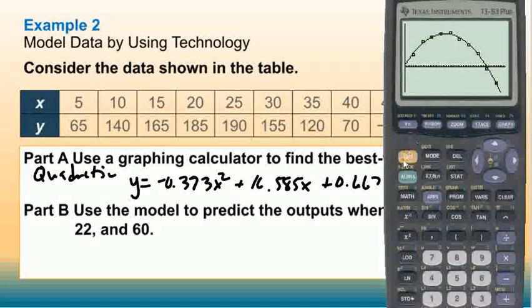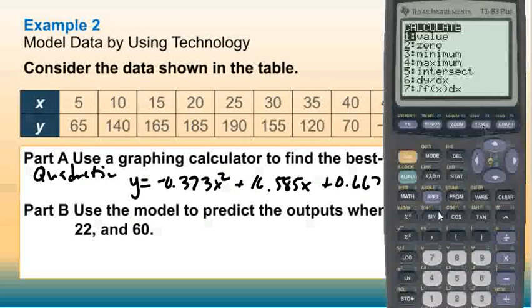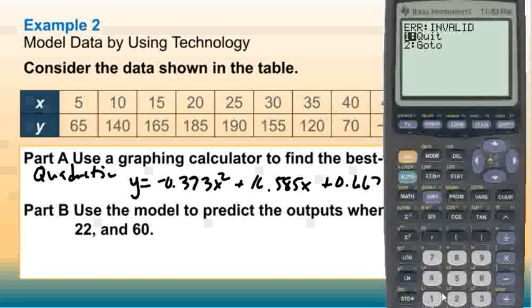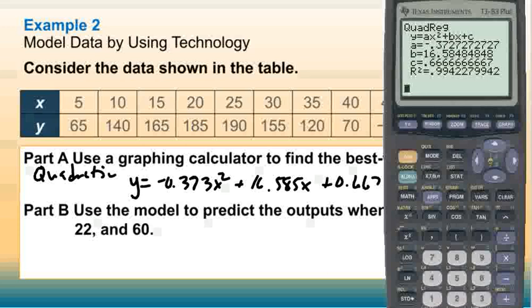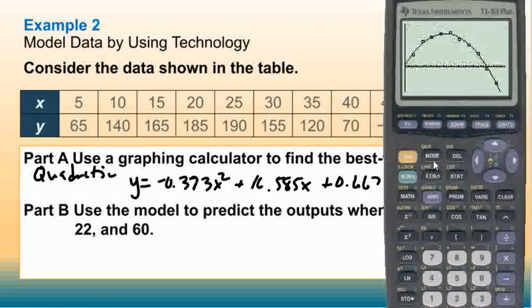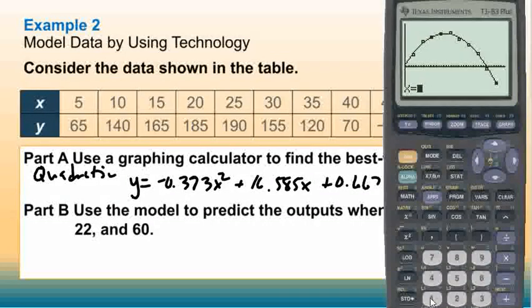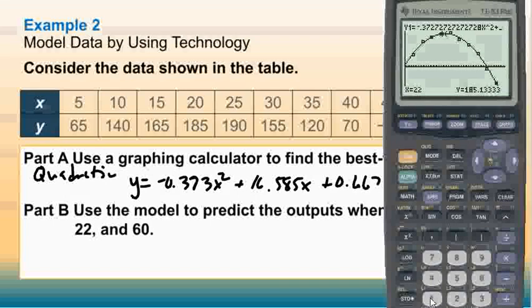Now if I hit second trace and want to find a value, so number 1, if I put a 0 in for x, let's see, second trace, value, so number 1, let's put 22 in. I get 185.13.